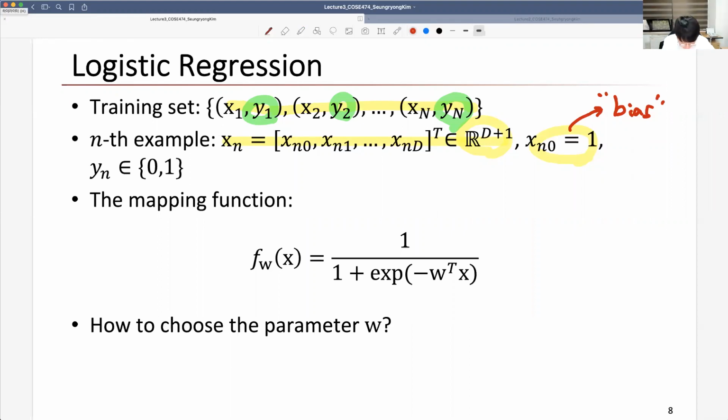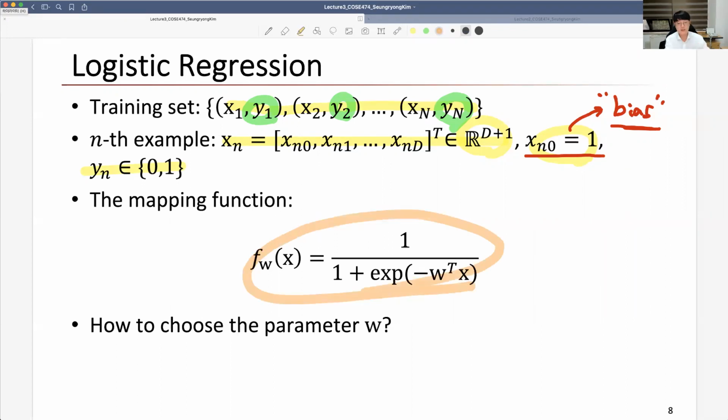Anyway, which will be discussed later in our course, but in here, just keep in mind, this x0 equal to 1 is for the bias term. Anyway, yn is equal to 0 or 1, and the mapping function of the classification problem was defined something like this, right?